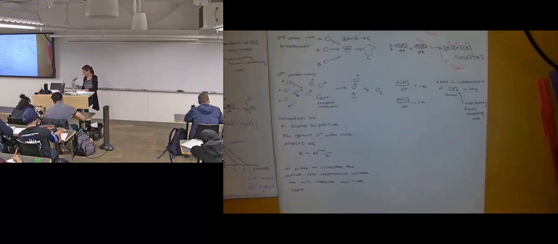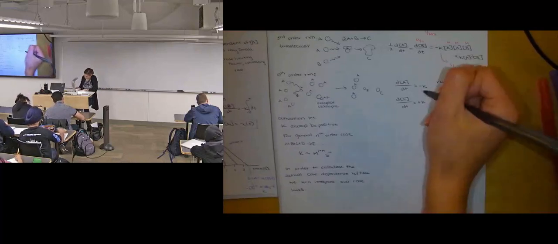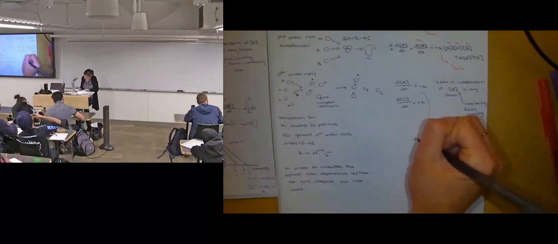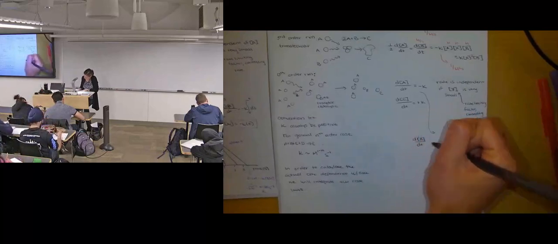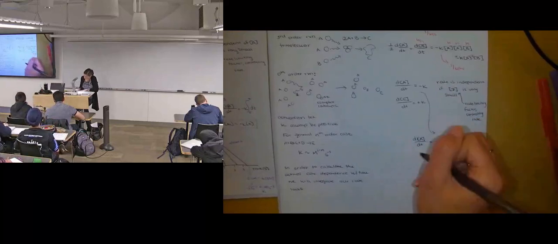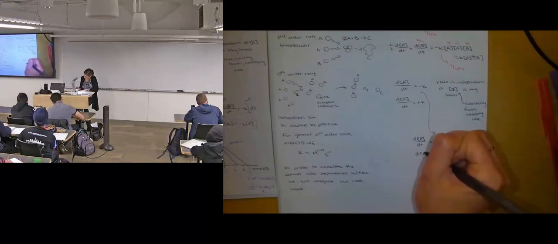We'll do 0, 1, and 2. And then I will point you to the page of the book that has the general case, so how to do more sophisticated ones. So for our 0th case, we have concentration of A changing with time, which is equal to negative k, our rate constant. So just rearrange this.